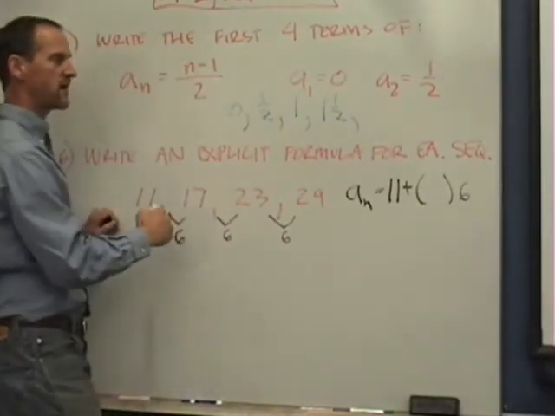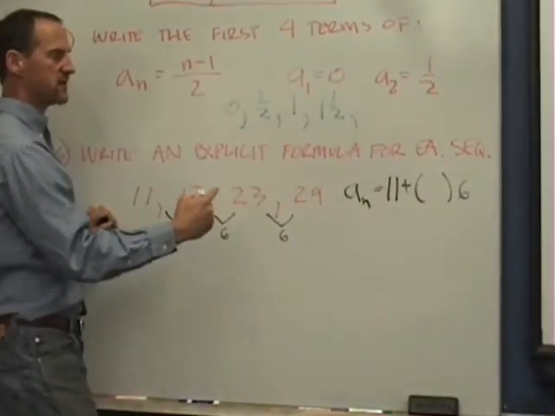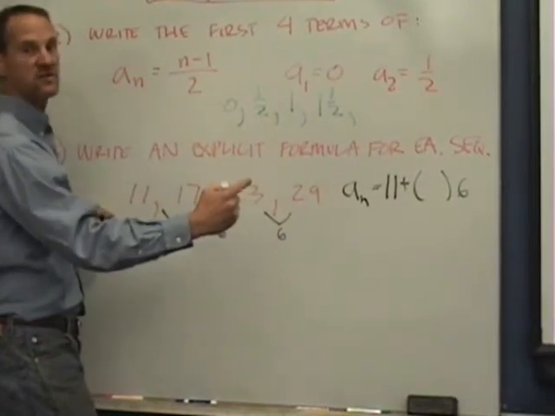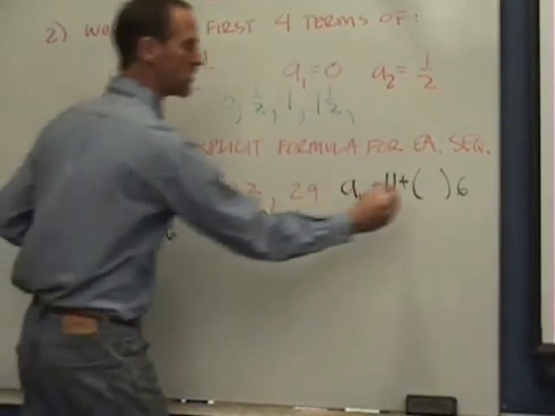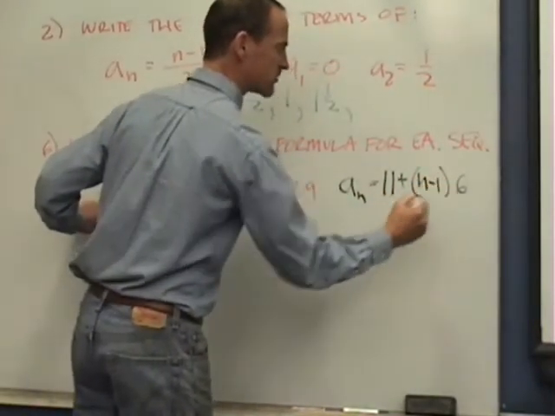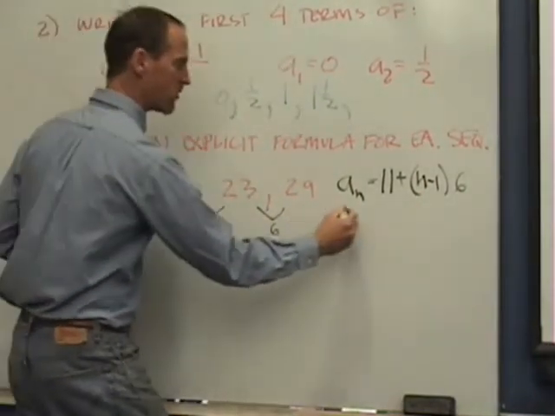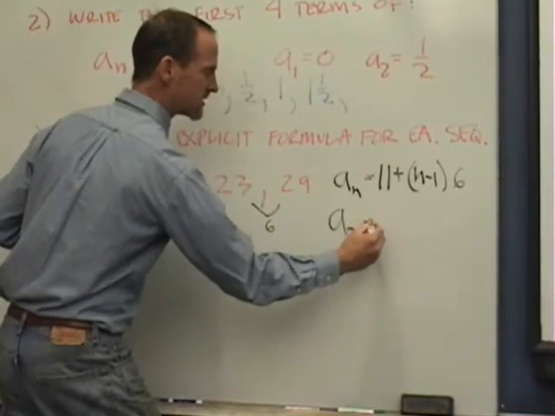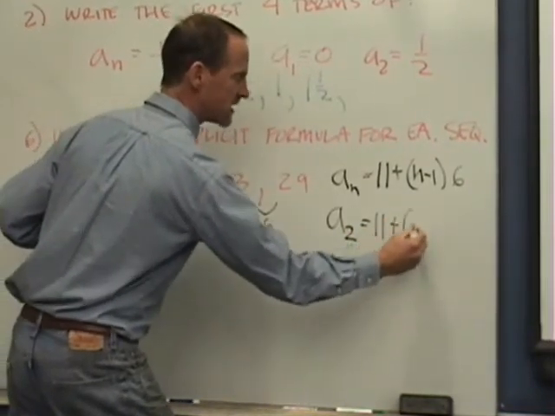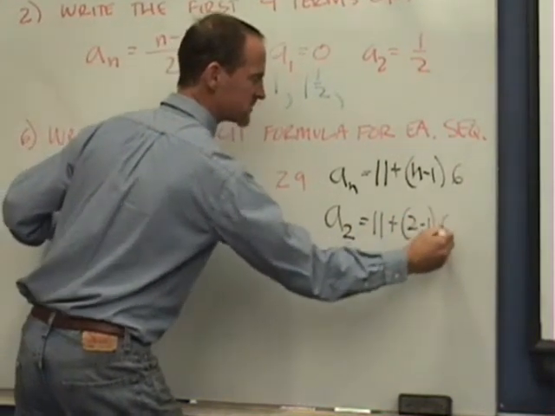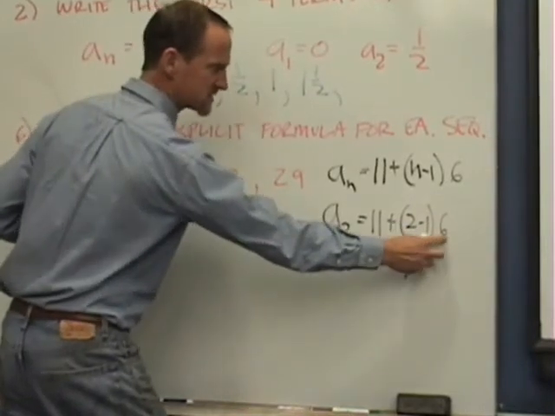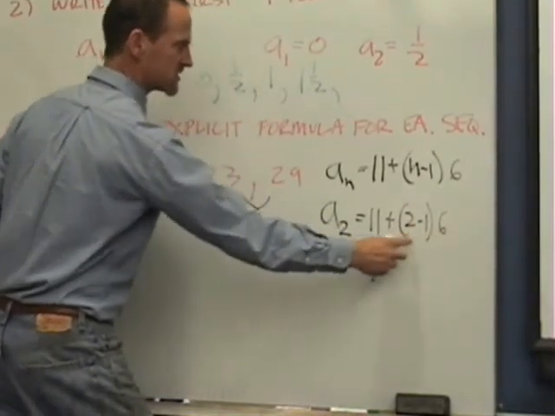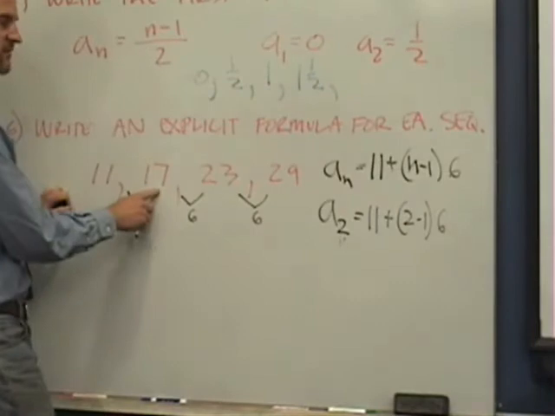So I actually want the second term to multiply by 6 just one time. If you see this little trick, n minus 1 will do that. So when I want A sub 2, that's going to be 11 plus (2 minus 1) times 6. 1 times 6 is 6, and I add that to 11, and I'll get 17.